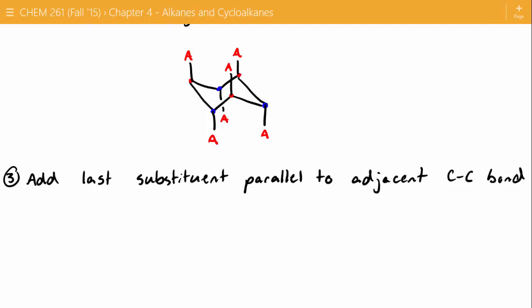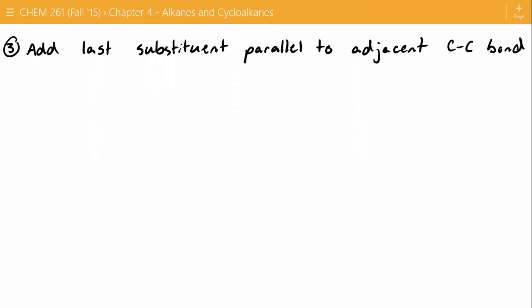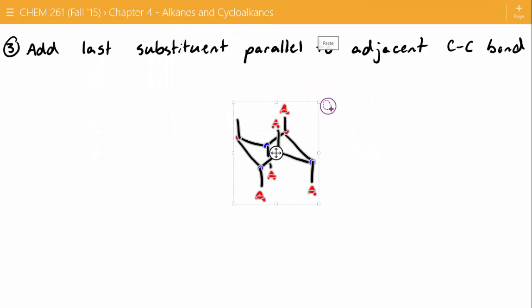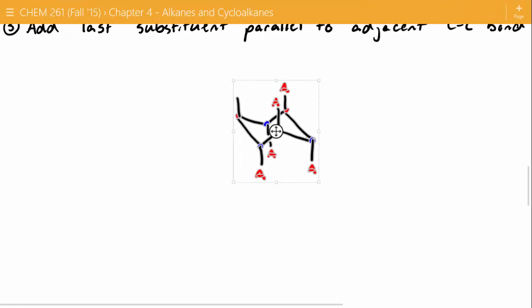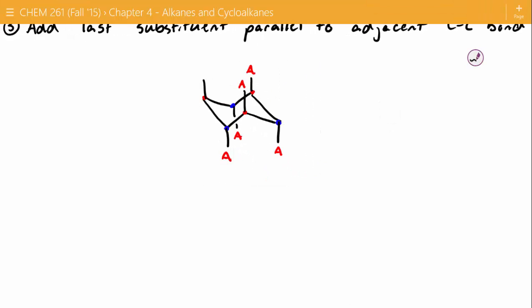All right. So I'm going to copy this. You guys can just add on to the structure that you have drawn on the page. Paste this down here. Oop, I lost my A.